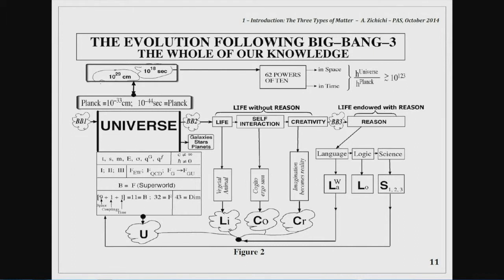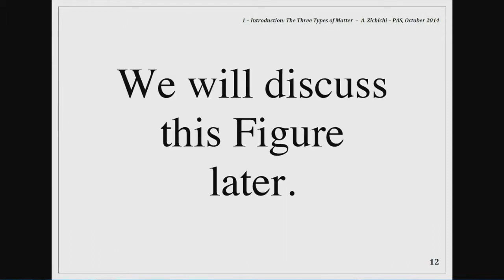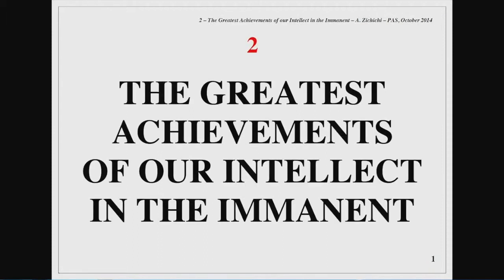But the universe that we studied, and the synthesis is below the universe box, would be exactly the same if life was not there. Self-interaction needs Big Bang 2, and reason needs Big Bang 3. We'll discuss this figure later.